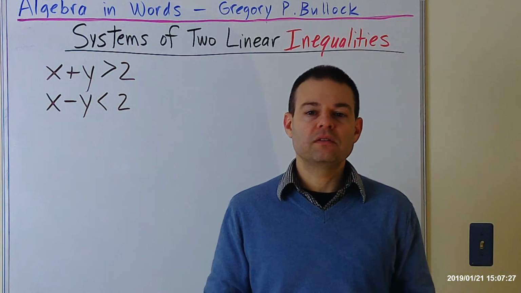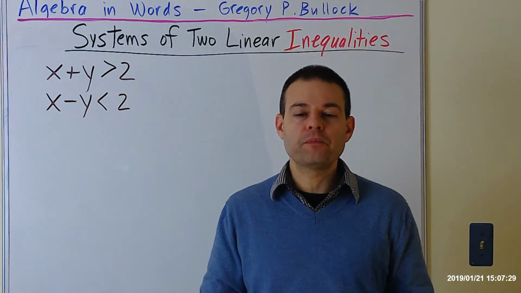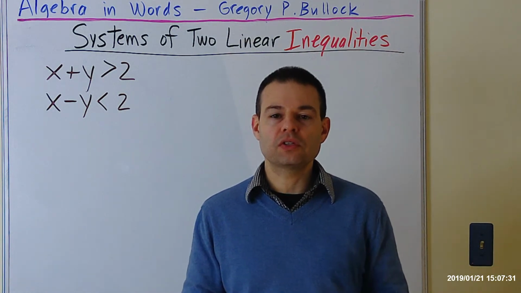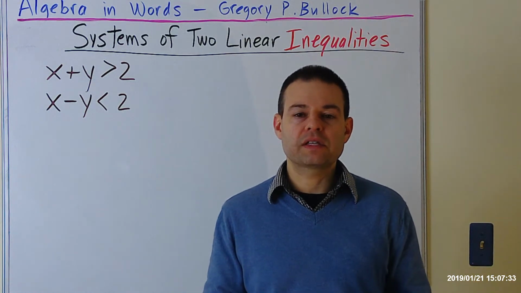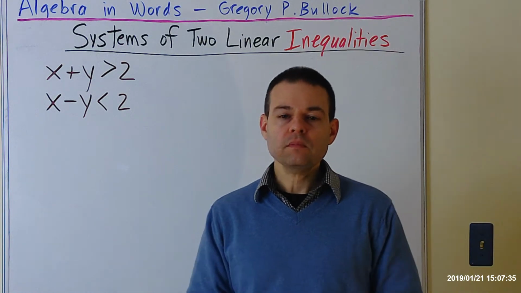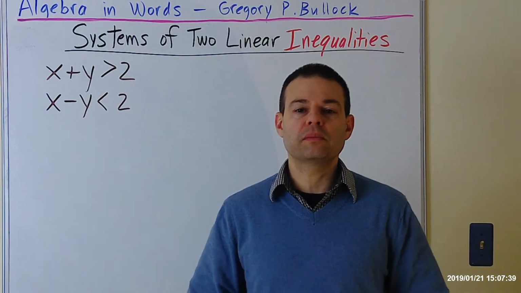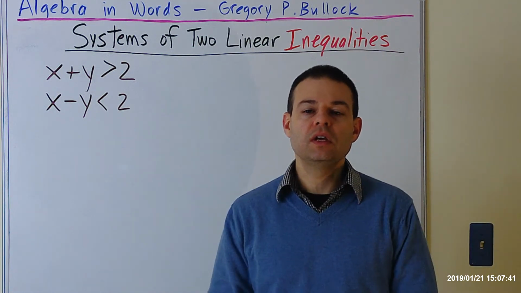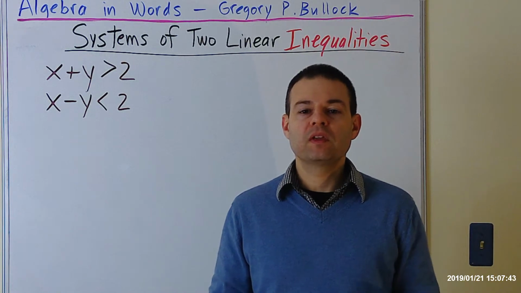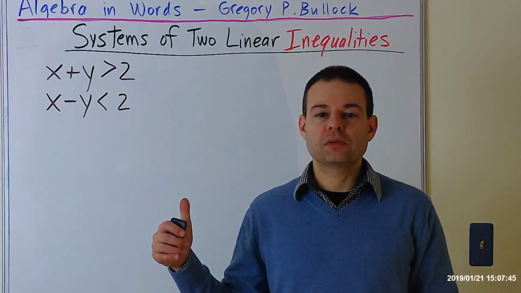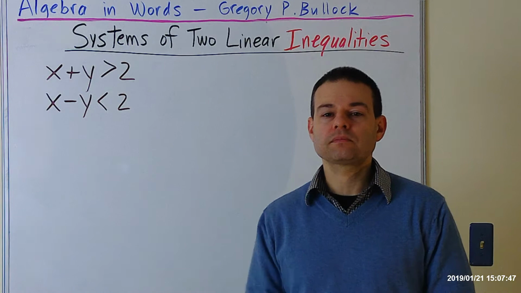There's a chance they have no solution if they're parallel, and infinite solutions if they overlap. I discussed that in a previous video. But generally, if the two lines intersect, the answer is one point. That's going to be different for a system of two linear inequalities.